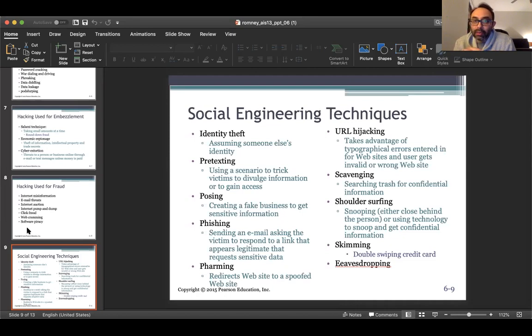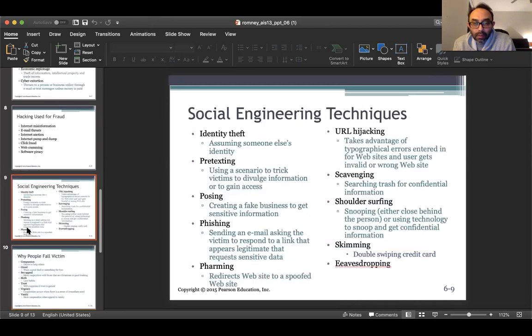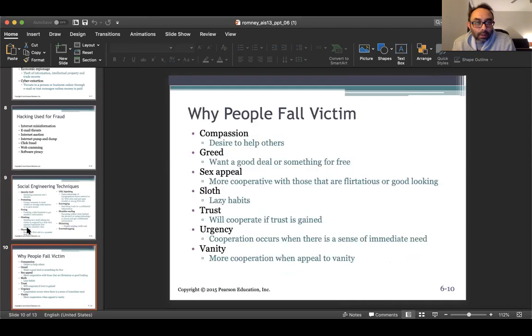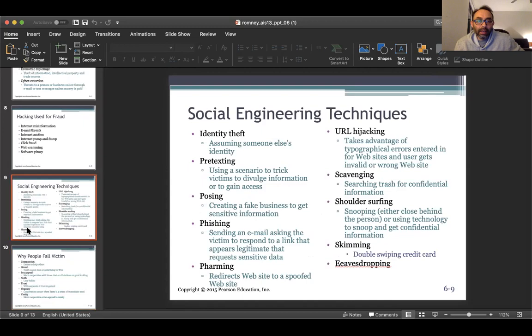All they do is have a subject, and then you open it up, and there's a link that you think you should open, but it's nothing else but some kind of hacking device. And so why do people fall into all this? These are some reasons. So again, identity theft, scavenging, and phishing.